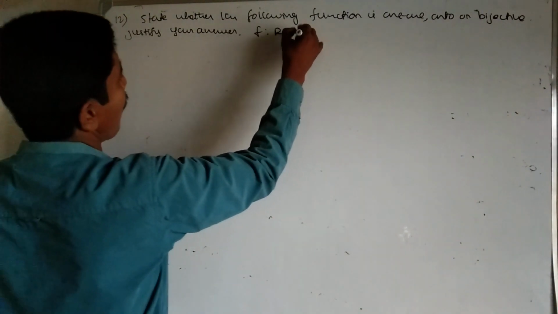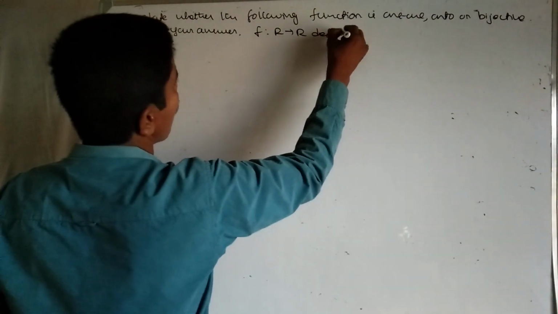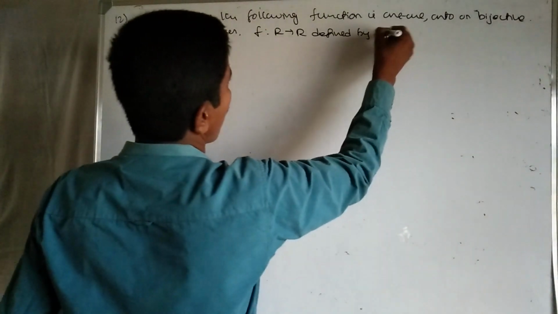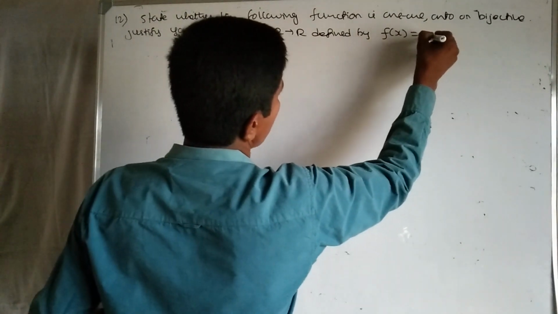F from R to R defined by f of x equal to 3 minus 4x.